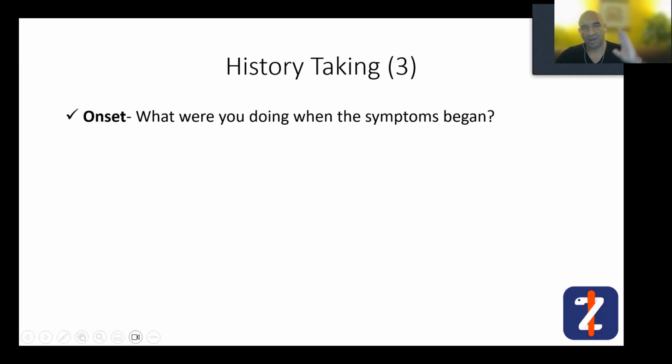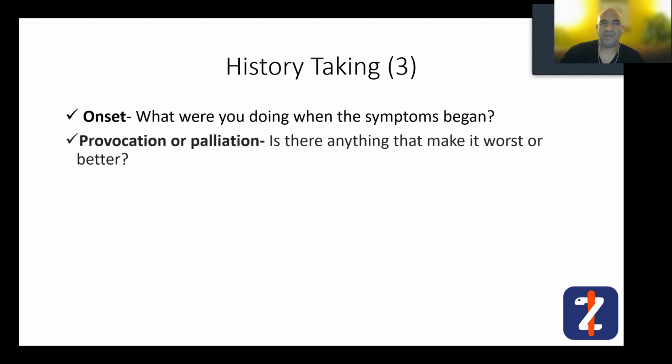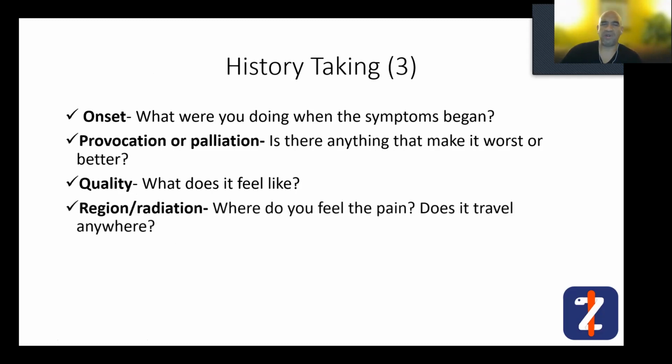So here it is. Onset: what were they doing when the symptoms began? Very good question, right? This is what you're going to ask your patients. Provocation: is there anything that makes it better or worse? Quality: how would you describe it in your own words? Region, radiation: where do you feel this pain? Does it travel anywhere?